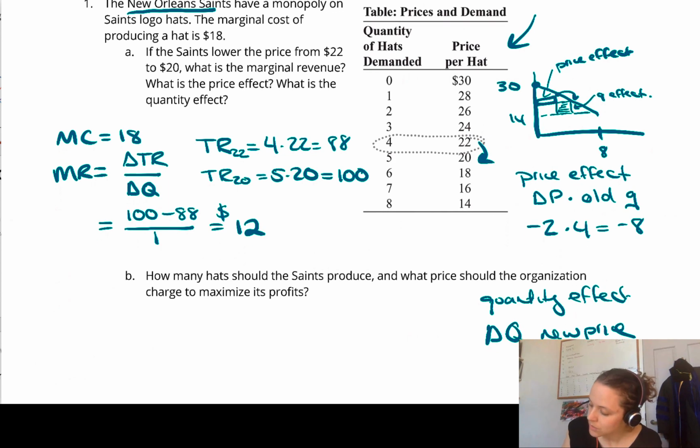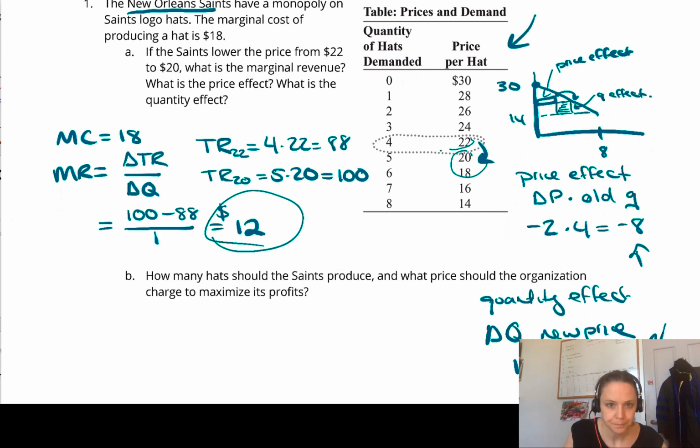We're getting one new customer, and we're selling to them for $20. So we're going to get $20 of new revenue. Essentially, we've brought in one customer who buys one new $20 hat, but then all of our existing 4 customers now pay $2 less. So we gain $20, we lose 8. So you can see the quantity effect is 20, the price effect is 8. If we add those up, we get that marginal revenue of $12.